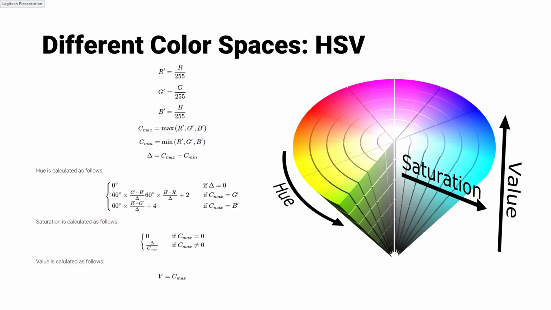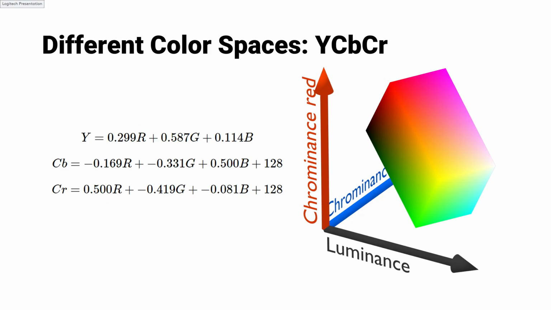Great. You can also take the cube and distort it at every different scale, and you can rotate it, and that becomes a linear transformation of RGB to something called YCbCr, right? YCbCr is basically the grayscale value in Y, and Cb and Cr are the chroma components of the blue and red respectively, right?